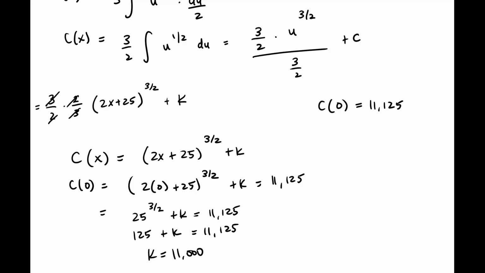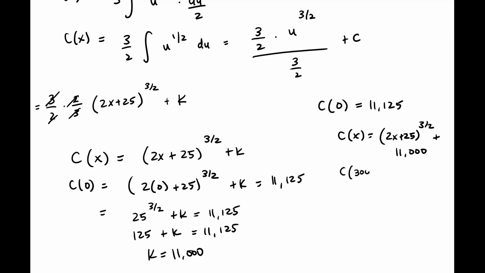So our final cost function is 2x plus 25 to the 3/2 power plus 11,000. But the original question asks what would be the total cost of producing 300 items per month.